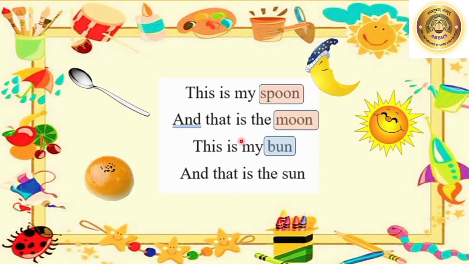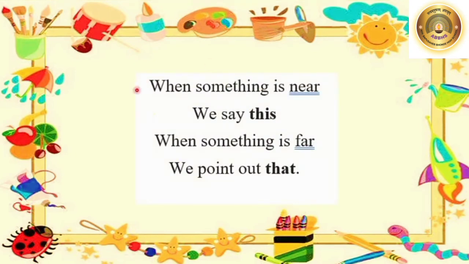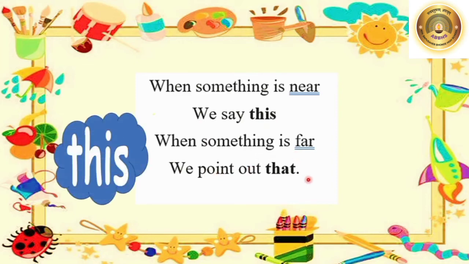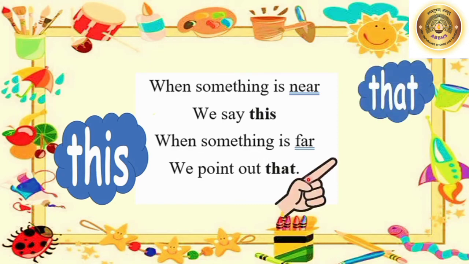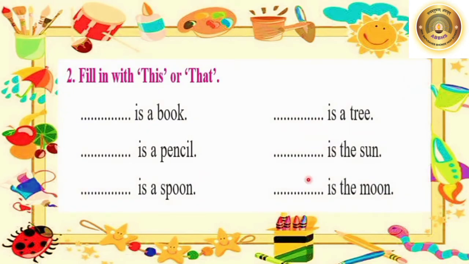Spoon, moon, bun, sun are the rhyming words. When something is near, we say this. When something is far, we point out that. So the main thing we learned from this poem is this and that. Whenever something is near, we say this, and whenever something is far, we say that.